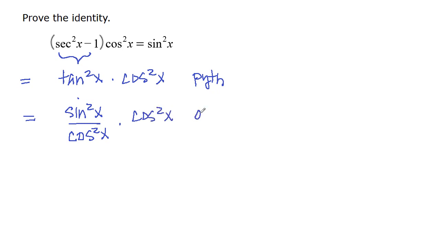So that was the quotient identity. And I did algebra plus algebra. Probably should have done that in 2 separate steps. And then let's see, cosine squareds cancel. Just leaves 1 and 1. So we've got sine squared x. And that's what we wanted here.